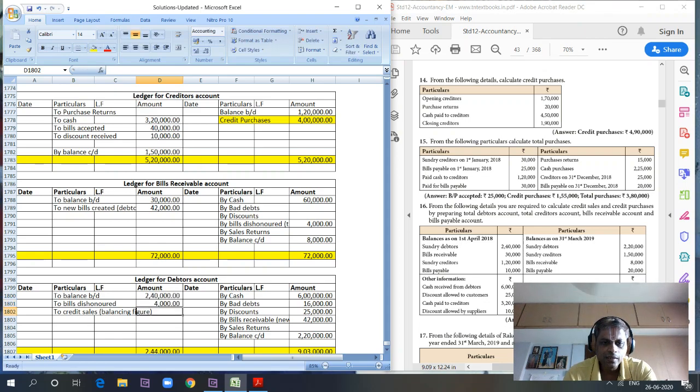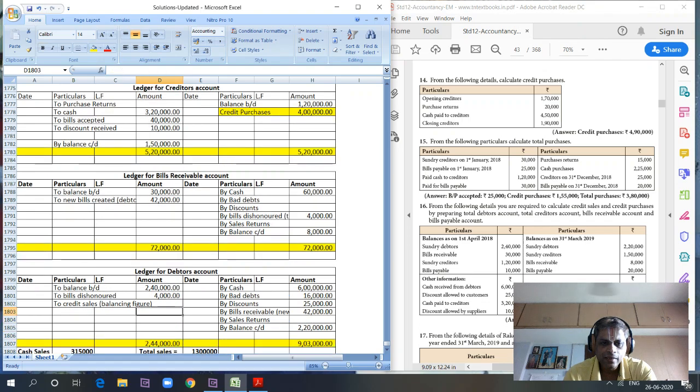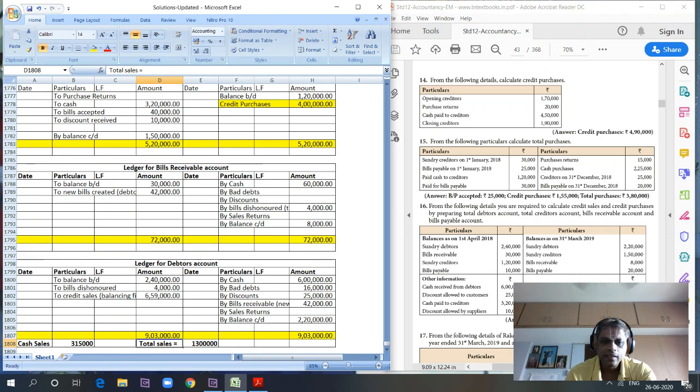The balancing figure is the total credit sales, which is 9,03,000 minus 2,44,000, so total credit sales is 6,59,000. We have arrived at the credit purchases during the year, the new bills accepted during the year, and the total credit sales for the year by preparing all four ledger accounts.